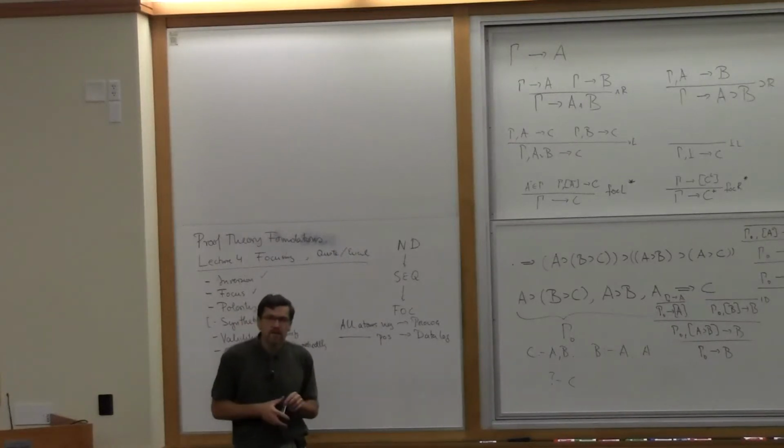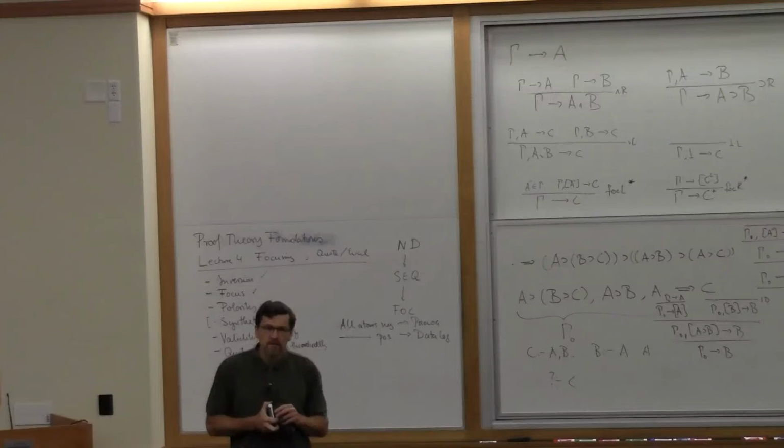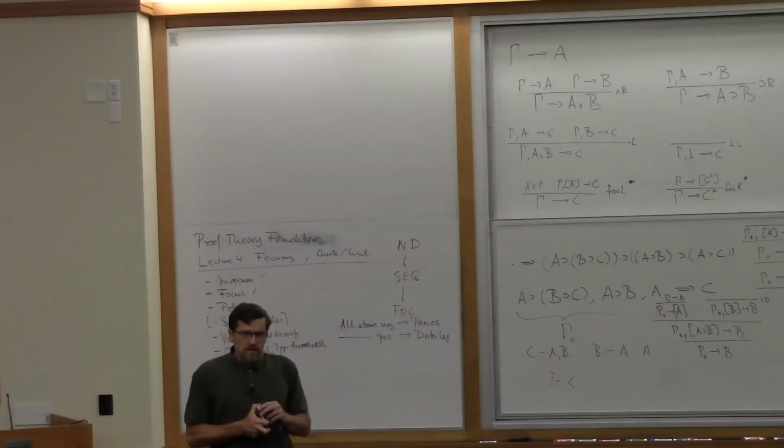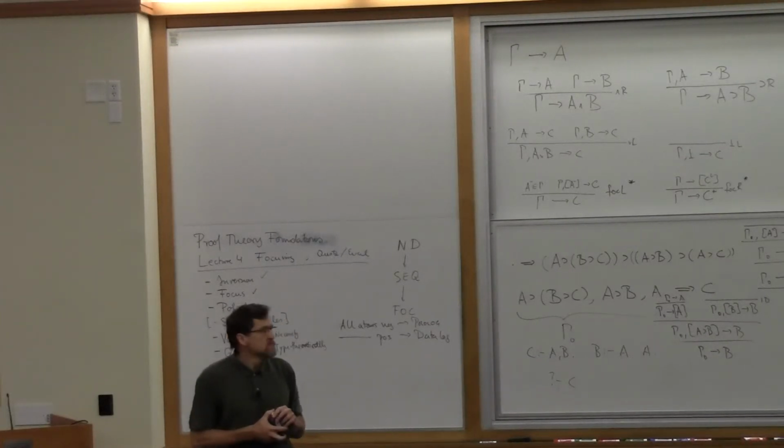I'm just curious, are there different methods of focusing with different levels in which they produce a search space? Or is this the single or dominant presentation? In the intuitionistic case, there's essentially no choice.